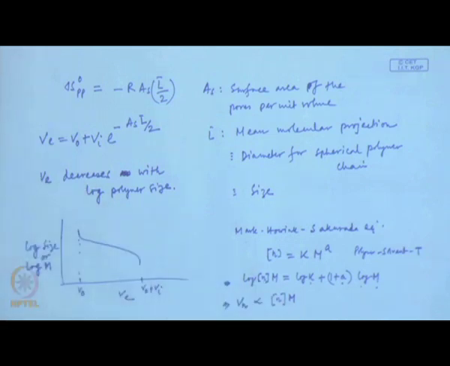From this discussion we can understand that a plot of log M versus elution volume should give a linear relationship, and V_E should decrease with increase in log M.